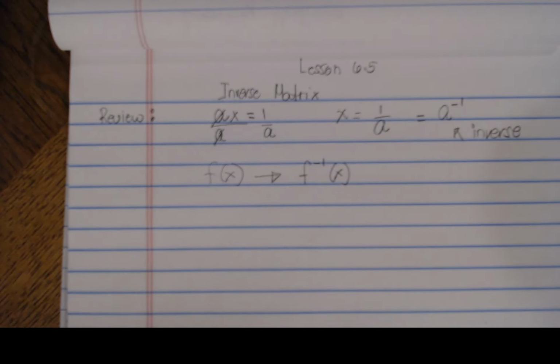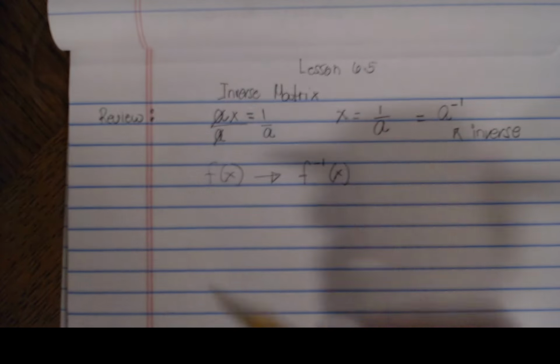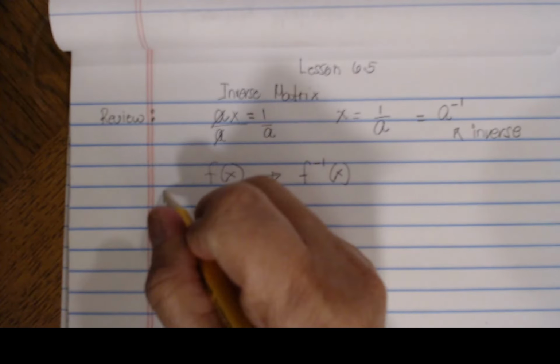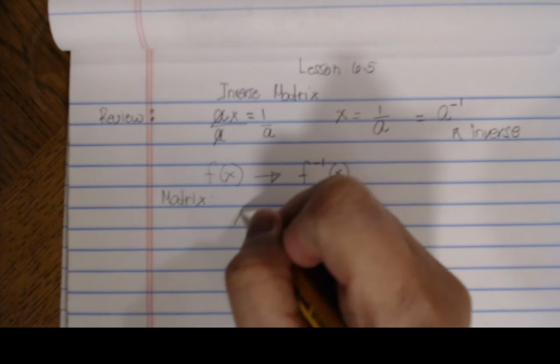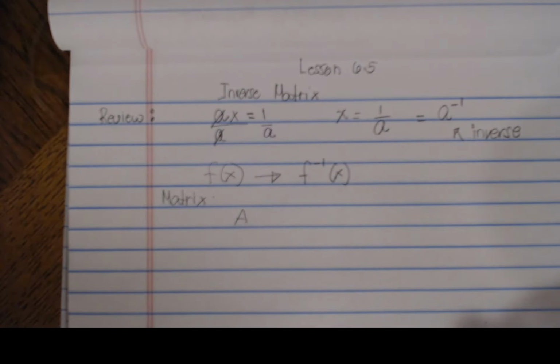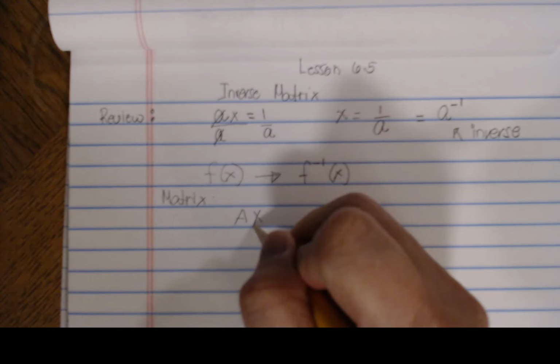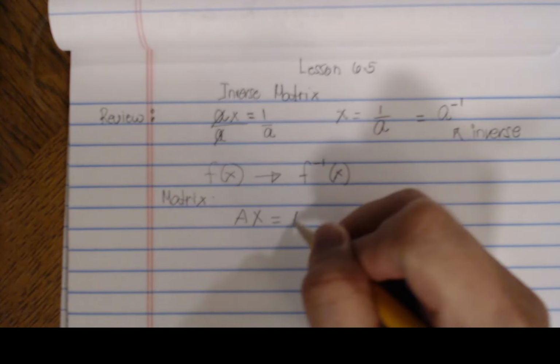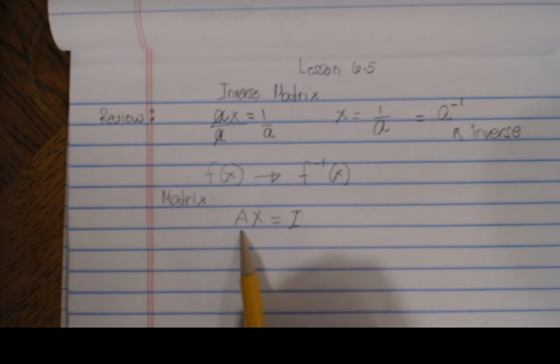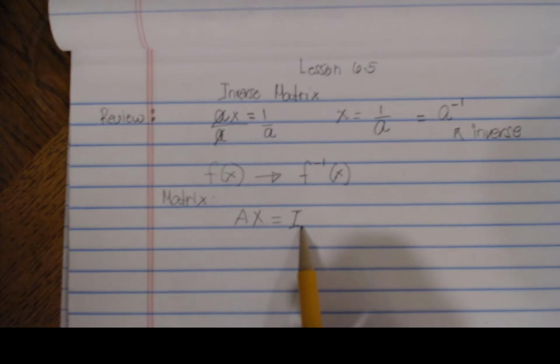Okay, so in terms now of matrix, let's say you have a matrix A, and you multiply that by X, and it equals matrix I. Matrix A times matrix X will give you matrix I, which is an identity, correct?